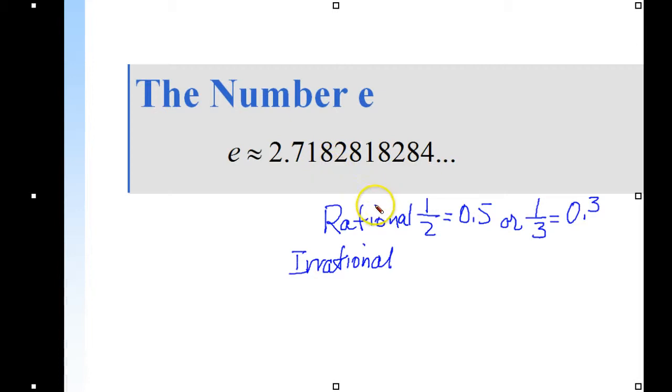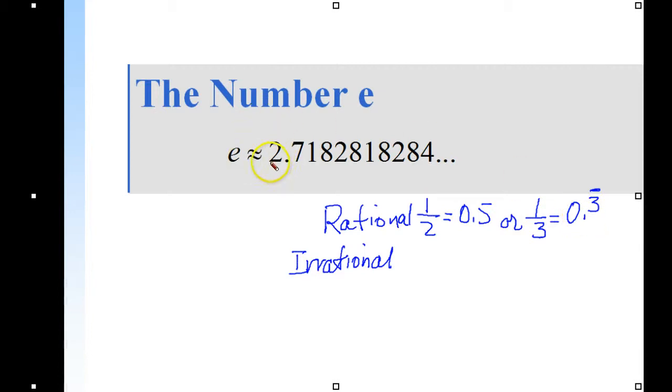And a quick review of what is a rational number. If we take a fraction like this and convert it to its decimal form, it terminates. 1/2 equals 0.5, and that's it. Or if we have 1/3, which equals 0.3, and the 3's repeat, and the repeating pattern is just 3, these are considered rational numbers.